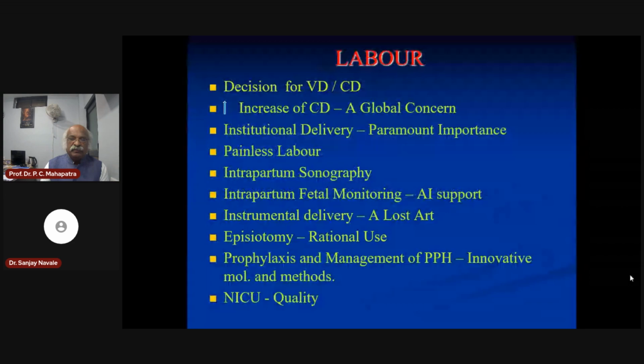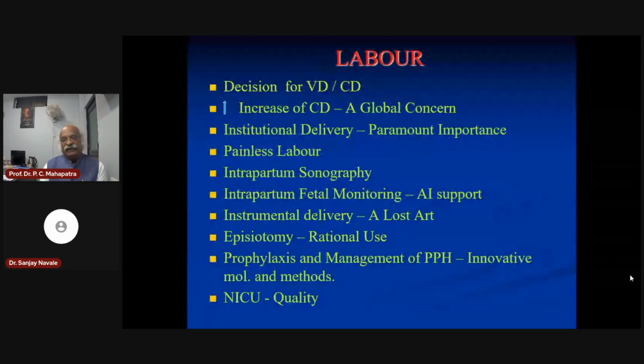This is because the human brain and the monitor are not able to capture that, and it has been proved that AI support, artificial intelligence, can very well clarify this and reduce human error. Therefore AI support in intrapartum fetal monitoring is a way forward and an advance in the near future.